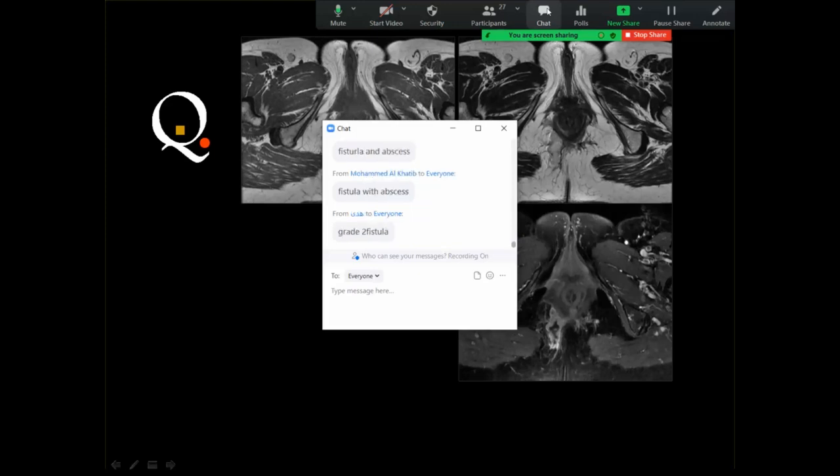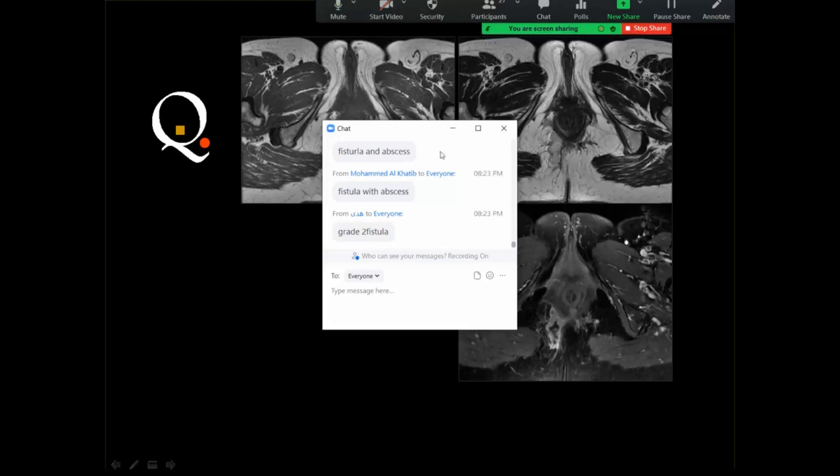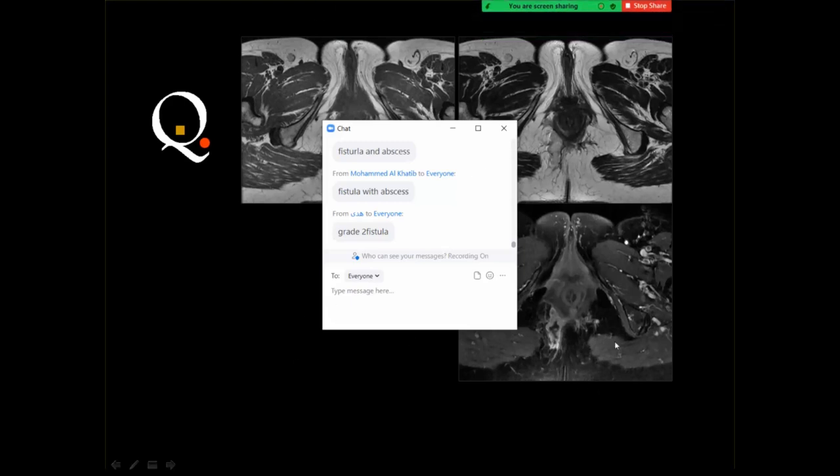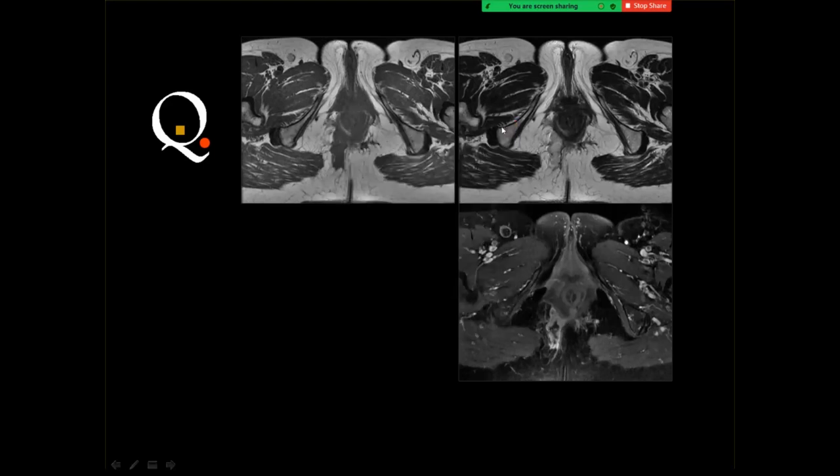It's not grade 2, it's grade 4. The fistula has extended across the external sphincter, meaning that it is grade 2. Just a transsphincteric extension is grade 2.